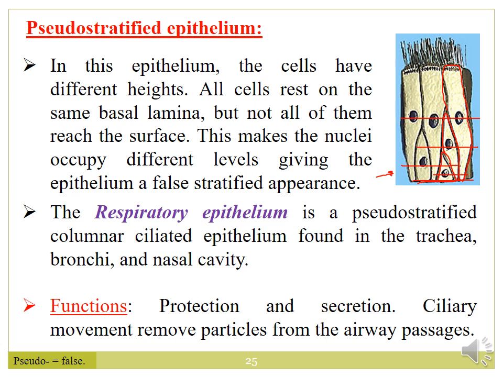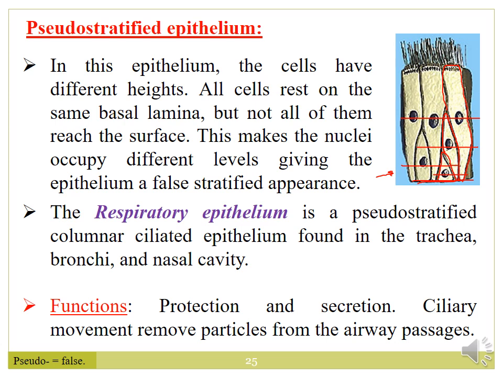When I examine a tissue under the microscope and try to identify the epithelium as simple or stratified, I depend on the nuclei rather than the actual cell, because cell membranes do not appear clearly or sometimes may not appear at all in the microscope. So I depend on the nuclei. So if I see the nuclei occupying different levels, I say that this is a stratified epithelium.